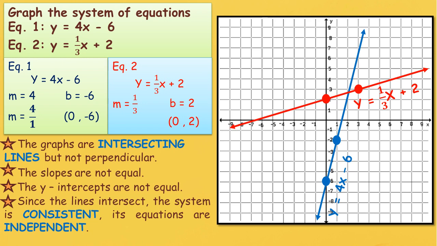So ang pangatlong possibility natin when graphing two equations in one Cartesian plane ay intersecting lines. Okay, una, parallel lines. Pangalawa, perpendicular lines. Pangatlo, intersecting lines. Let us find out the last possibility or yung pinakahuli na.